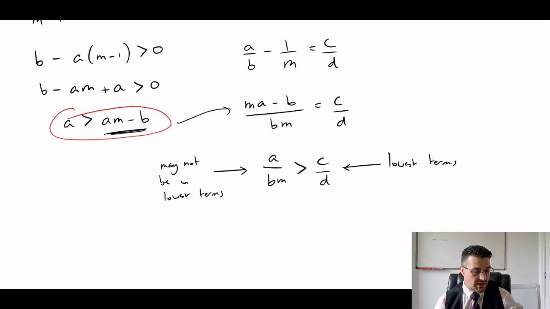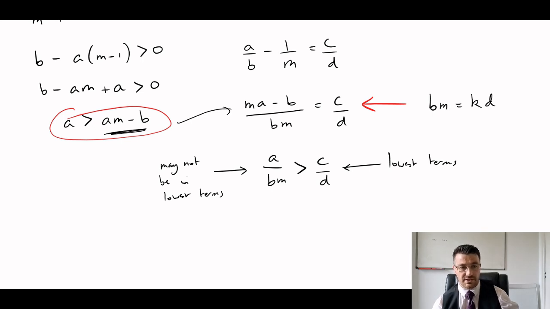Okay, so because of the equality that this inequality is derived from, okay, so I'm talking about this equality here, this would suggest if these two fractions are going to be equal or equivalent, that means that BM has to be some positive integer constant multiple of D. Okay, so BM must be equal to K times D, where K is an integer and it's greater than or equal to 1.